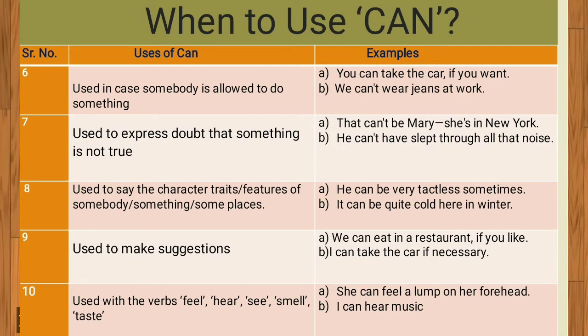Now let's move on to the next use. Can is used with verbs like feel, hear, see, smell, taste. For example, she can feel a lump on her forehead. The second example is, I can hear music.